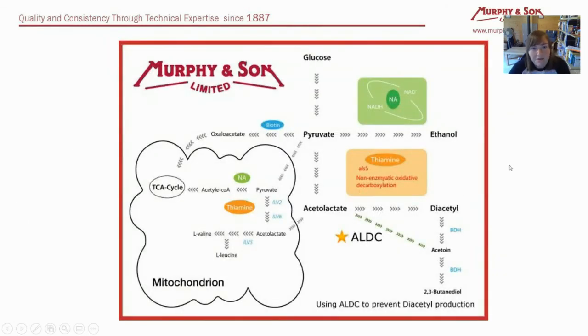So something you might want to consider is the use of an enzyme to mitigate this precursor, alpha-acetolactate. The enzyme alpha-acetolactate decarboxylase, or ALDC, stops this process, so it halts the process before diacetyl is formed.